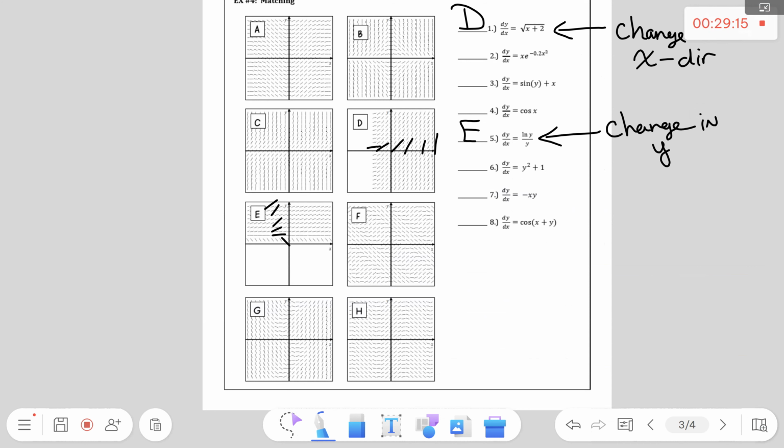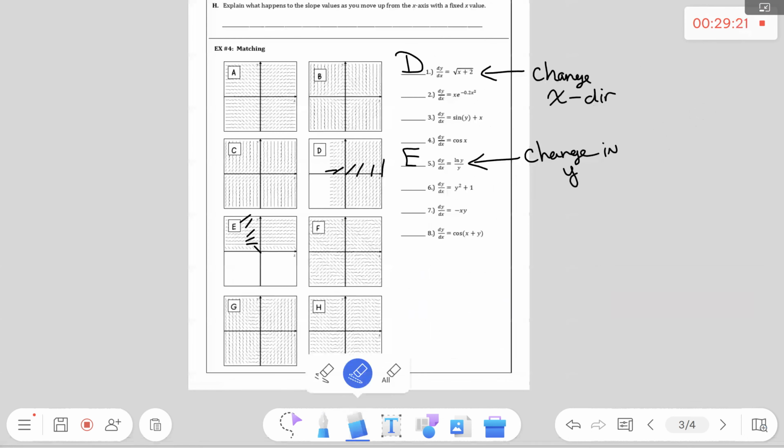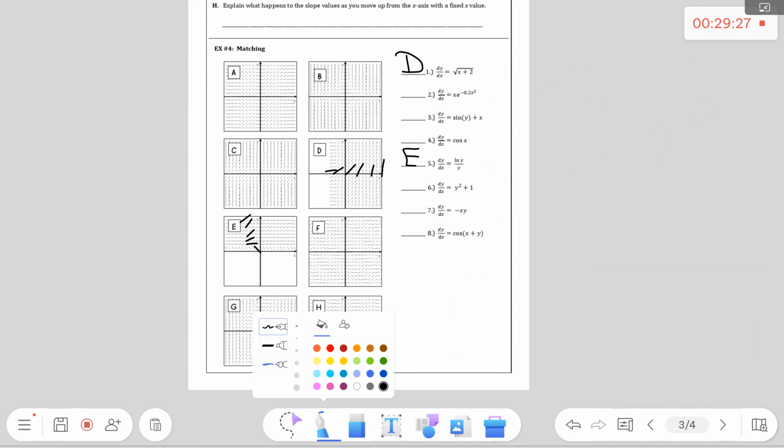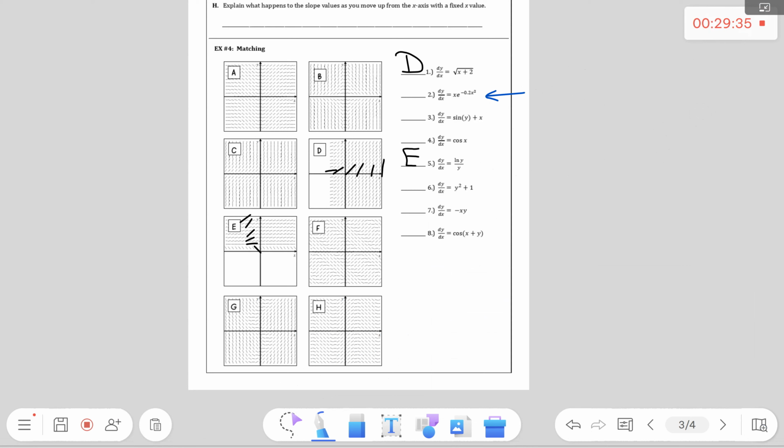Let's break it down from here. I'm gonna zoom out just to here. We're done with it. Let's now look at which one of these change in the X direction only. We got that one, right?